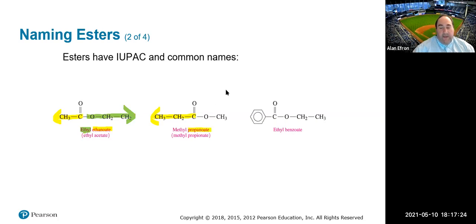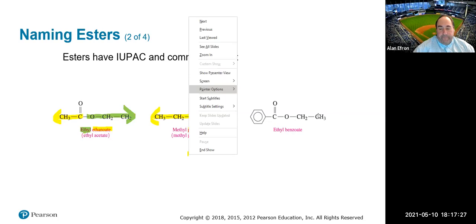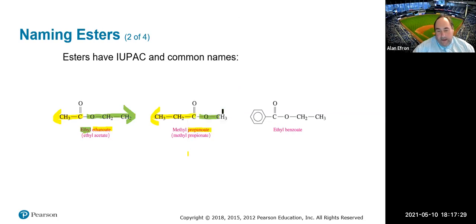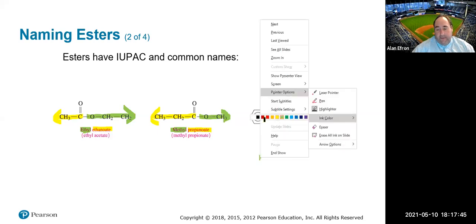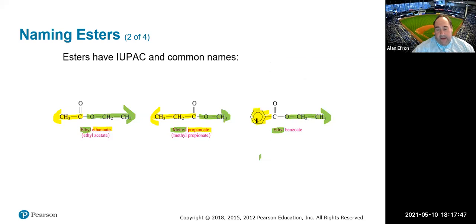And again, going in the opposite direction, going towards the single bond, we have 1 carbon, which is where our methyl name comes from. Same thing here, single carbon alcohol part, 2 carbons ethyl. Going the other way, we have our benzene ring, which is from benzoic acid, becomes benzoate. So ethyl benzoate. Any questions on how to go about naming those guys?